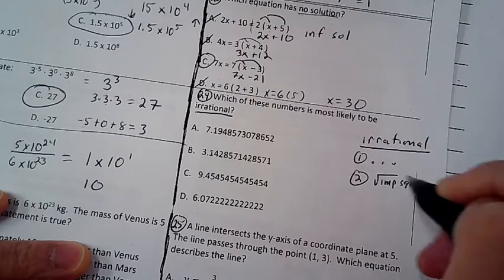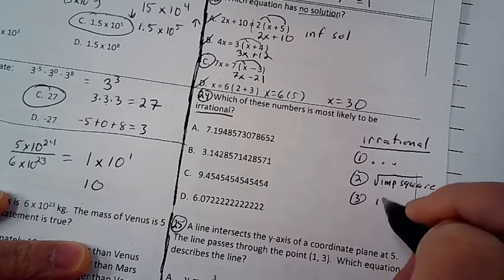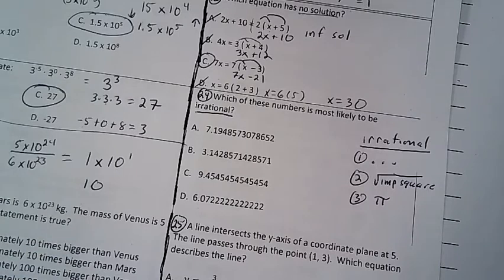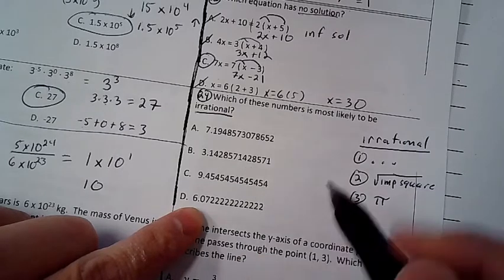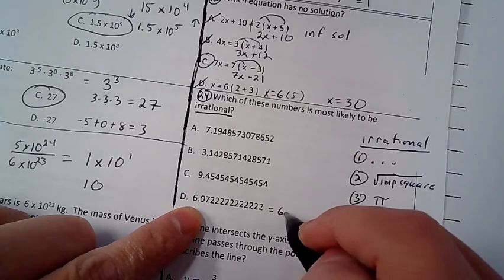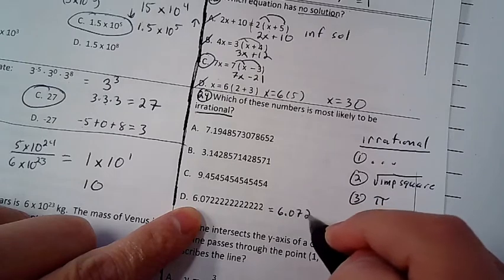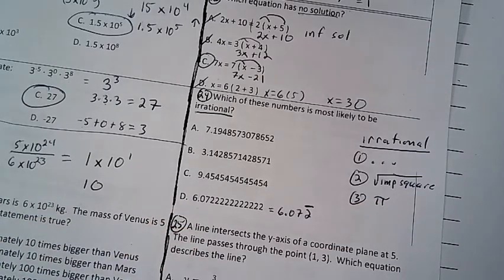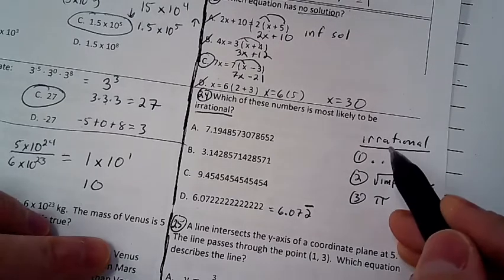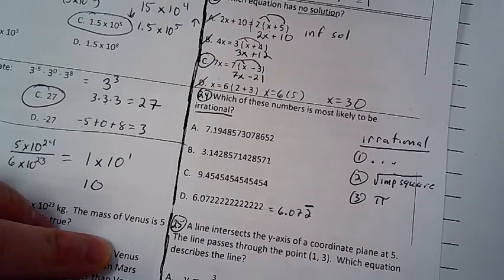The third one is pi. Nothing else, just those 3 visual indicators. So let's take a look at these. Obviously the D one repeats. This is 6.072 with a line over it, which is how that's normally written. That's not one of the visual indicators of an irrational number.